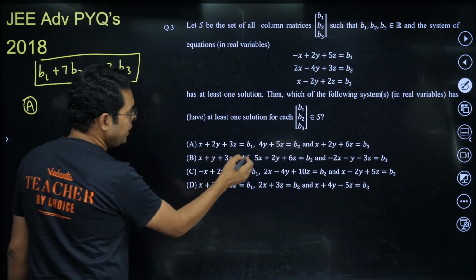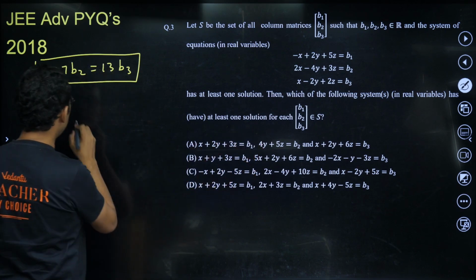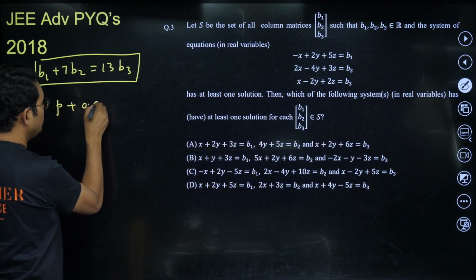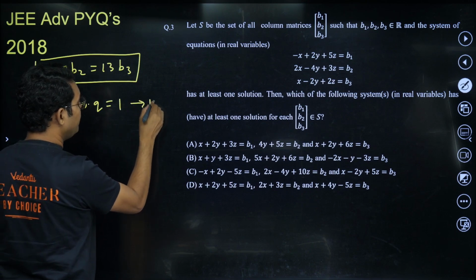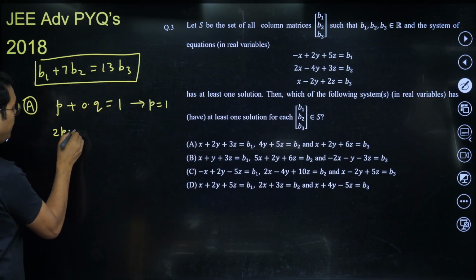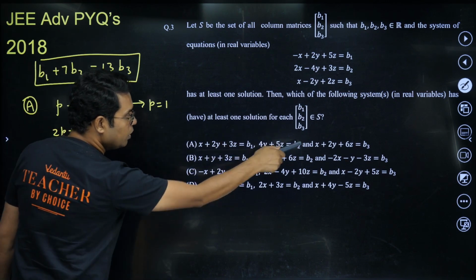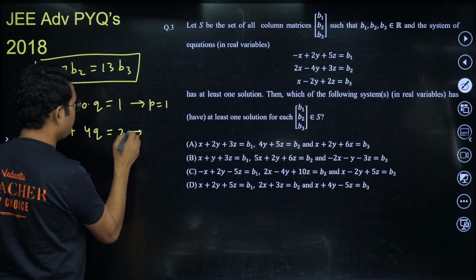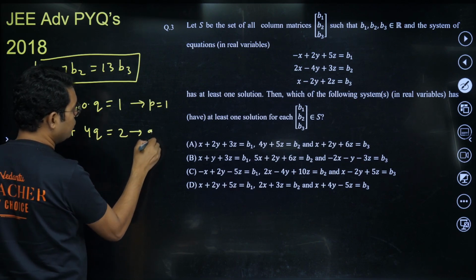Now you can see here the P X term is not there, so plus 0 into Q, and that should be equal to 1. So your value of P is coming out to be 1. Now for Y, if you apply, it is 2 into P plus 4 into Q, and that will be equal to 2 here. Because we have already found P as 1, 2 will go that side, so Q is equal to 0.